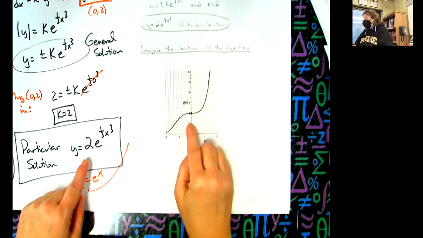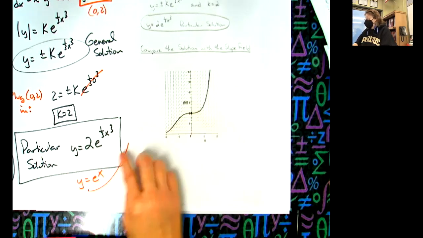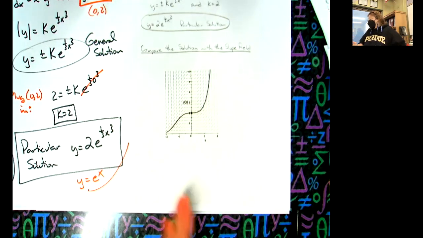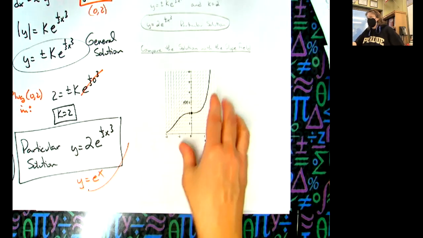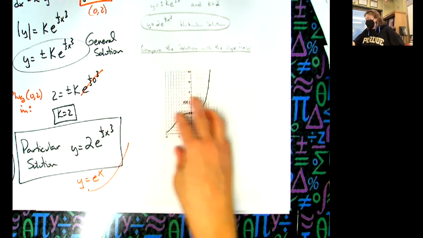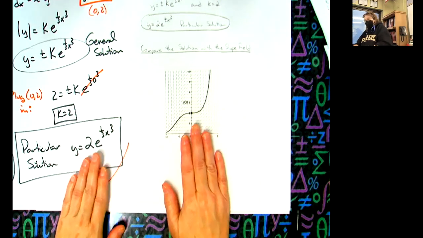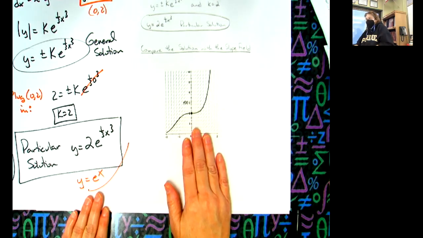Now it has been shifted up to 2, which we really can't tell, and it's got a whoosh in the middle. That's very mathematical, by the way. But do you see how, had we done a slope field, this is what the slope field would have looked like? This is the particular solution. And because of what we know about our graphs, we know that that's pretty darn close.